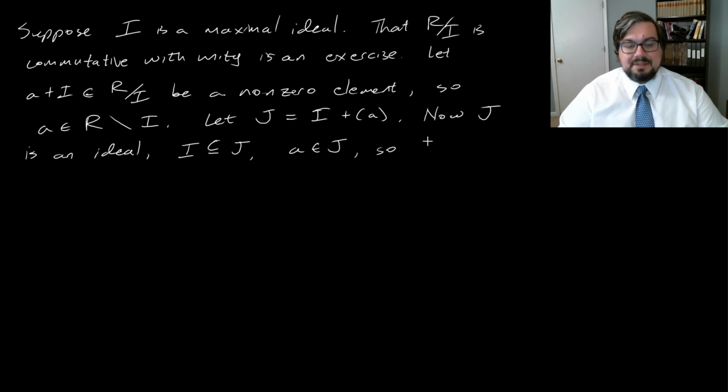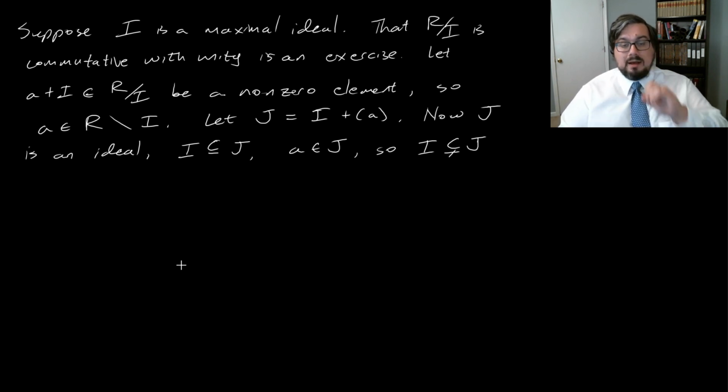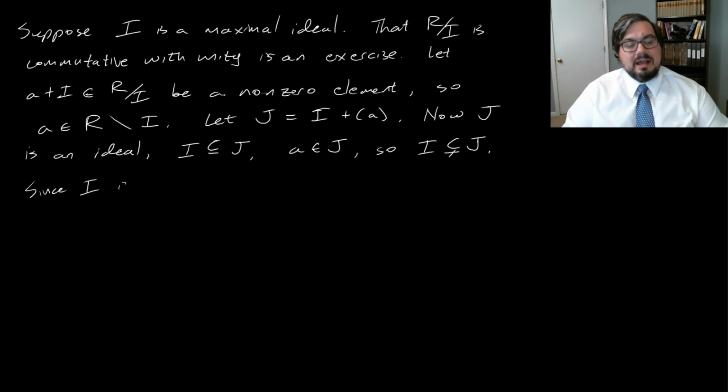So that means that I is a subset of J, but it's a proper subset of J because J contains A and A doesn't belong to I. Well, now since I is maximal, that means that J has to be the whole ring.